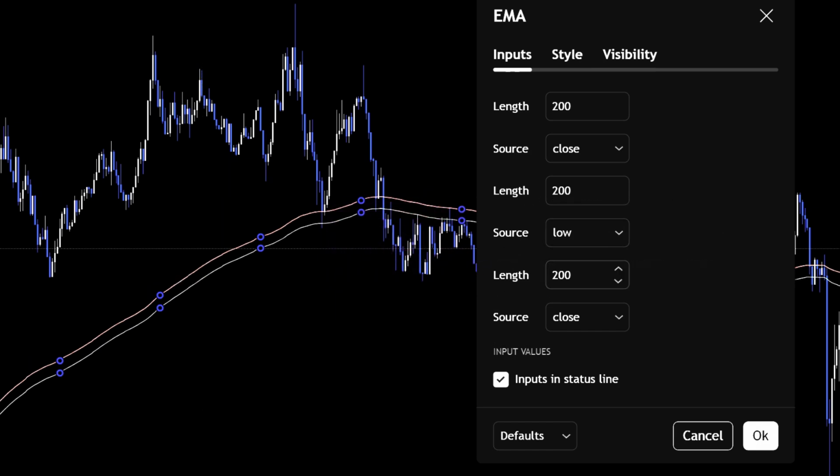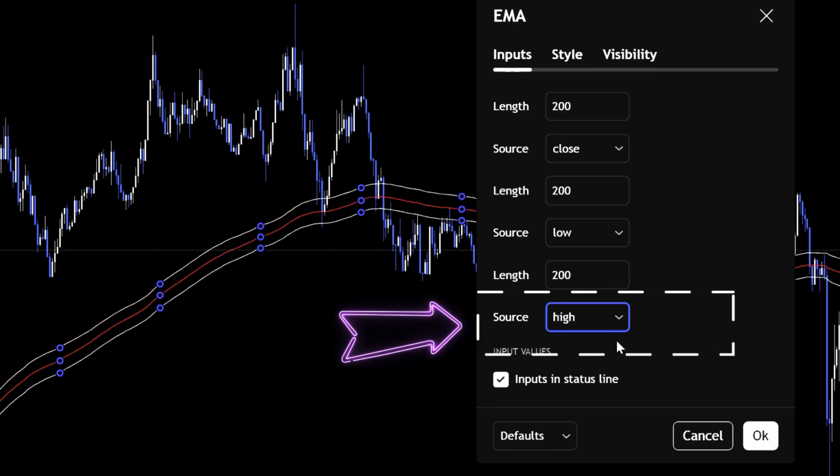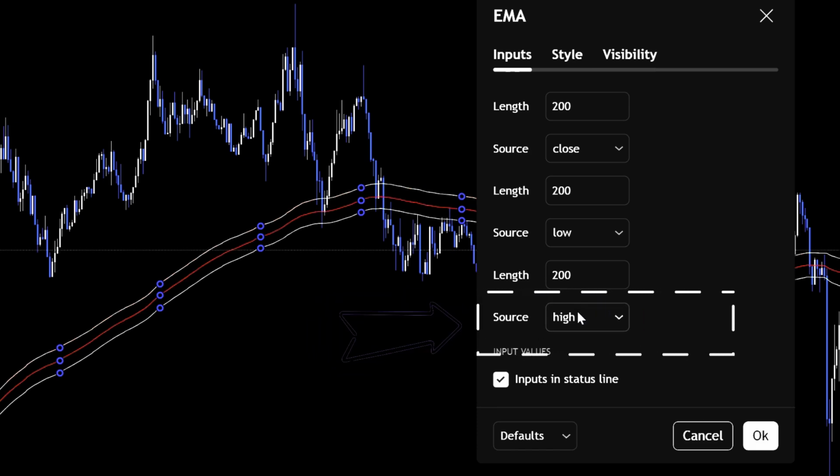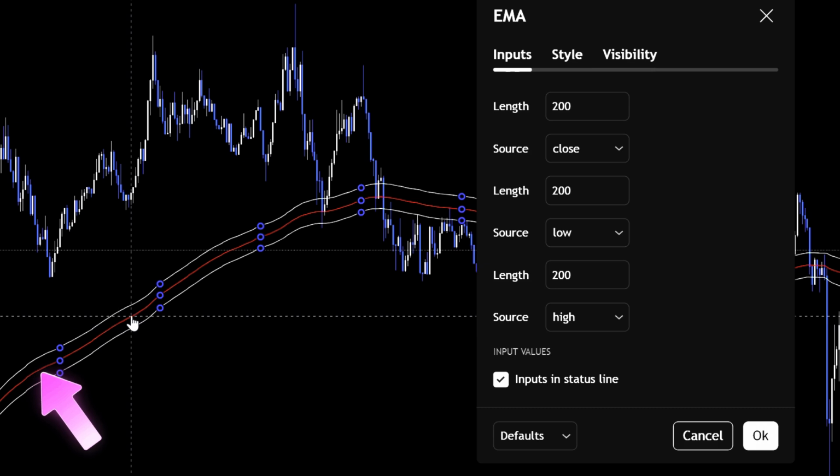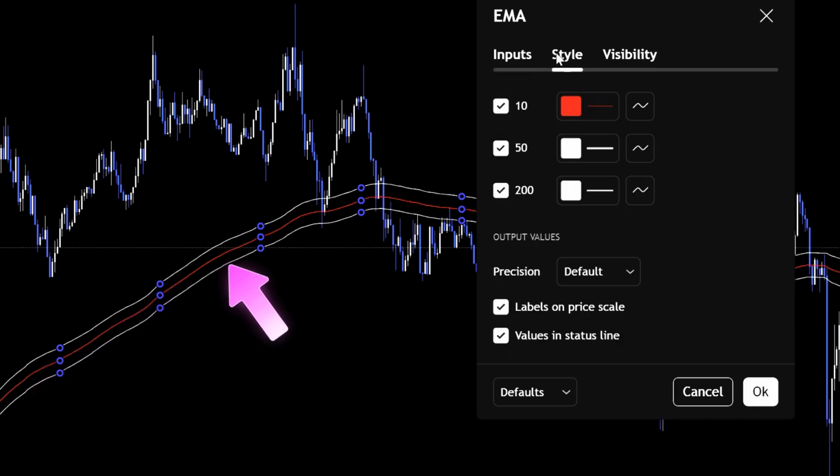And the third 200 EMA period line will track the high price. So it's the 3EMA indicator, but instead of 10, 50, 200, it's showing the 200 period EMA of the close, the 200 period EMA of the low, and the 200 period EMA of the high.